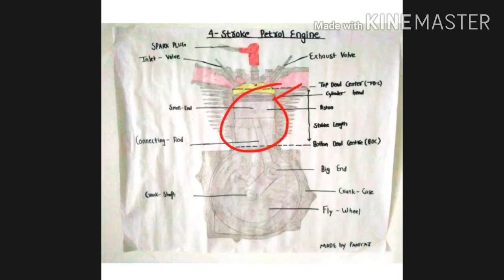If the ratio of fuel is more than air, that means this is called a rich mixture. First of all, we have to understand what a rich mixture and a lean mixture are.